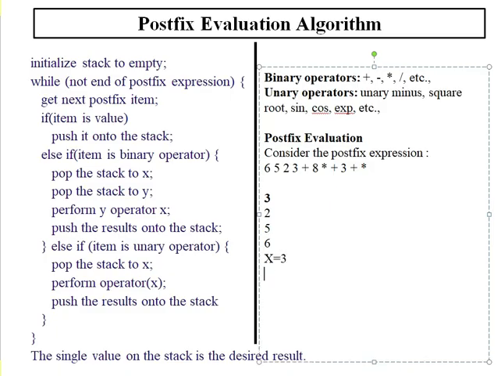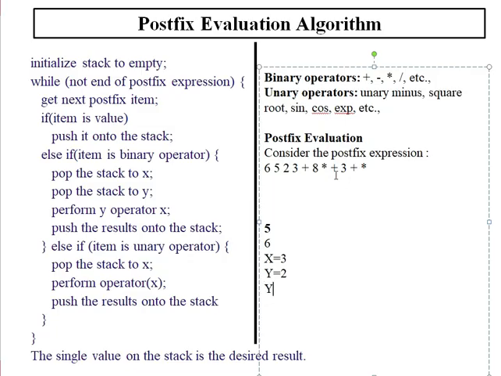The next element is y. So we should pop the next element, which is 2. So here the two elements are now popped. So currently the topmost element is 5. Then what we should do is apply y operator x.